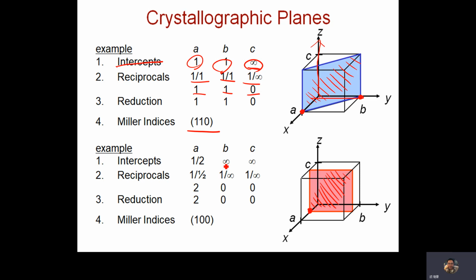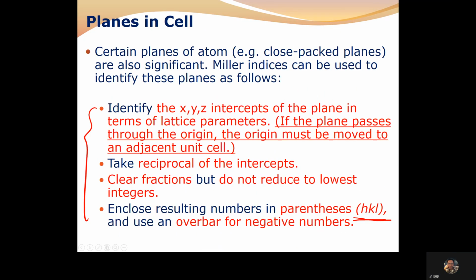Therefore, we use the infinity sign. Taking the reciprocal, we get 2, 0, 0. And we can define the Miller indices as 1, 0, 0, just reducing to the smallest, as we have mentioned here, and clearing fractions.